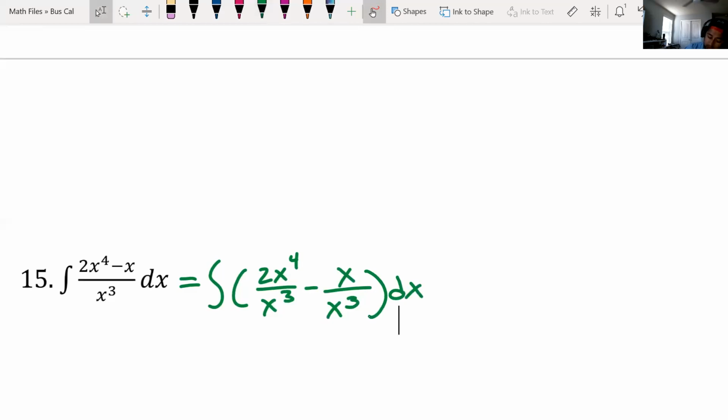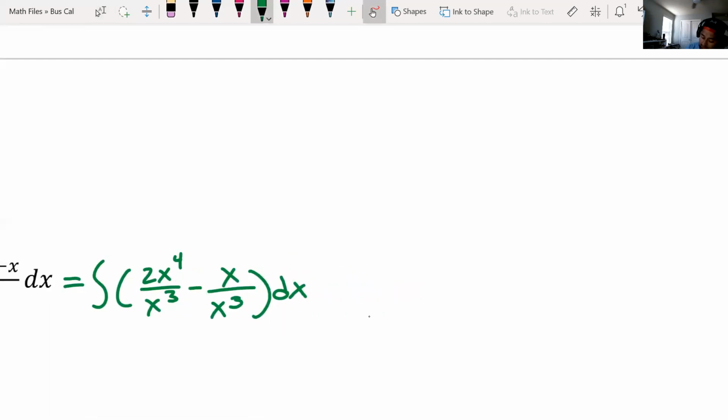And then we're going to simplify these fractions. You get the integral of 2x to the fourth over x cubed, that just becomes 2x, and then minus x over x cubed becomes 1 over x squared.